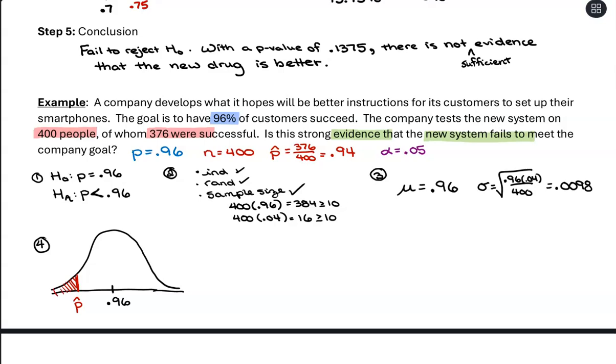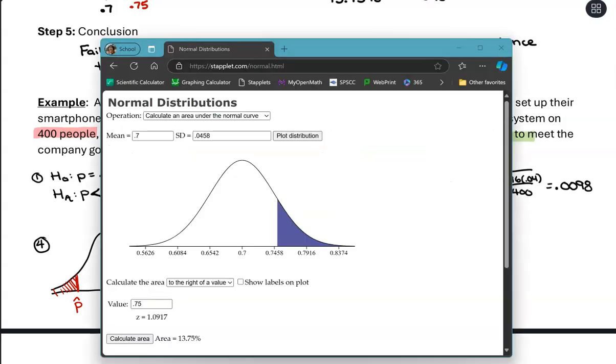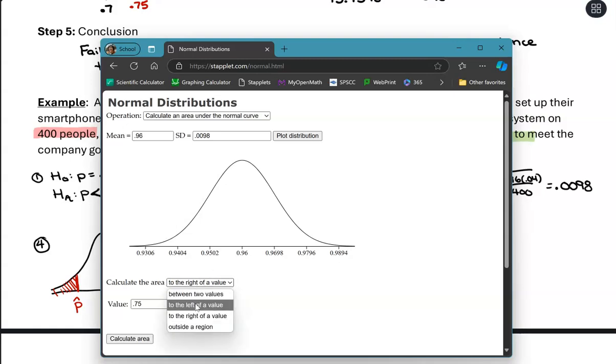And that left tail is going to give us our p-value. So to get the p-value out, we're going to go to Statlet. I'm going to set up my mean of 0.96, standard deviation 0.0098. And then we're going to go area to the left, and we're going to look at 0.94. And that is a 2.06%.